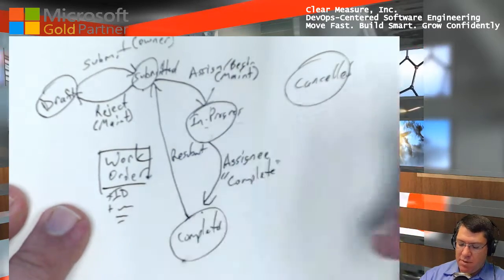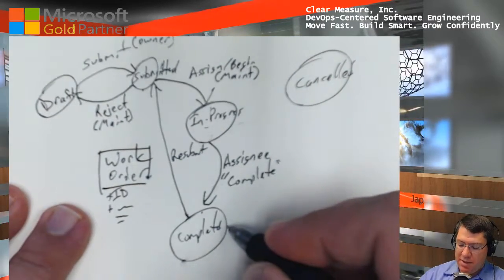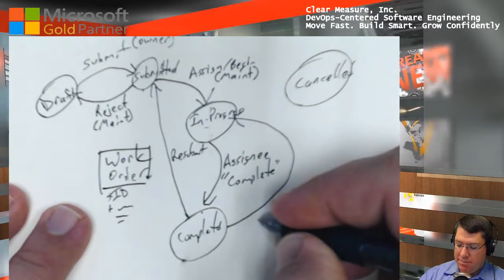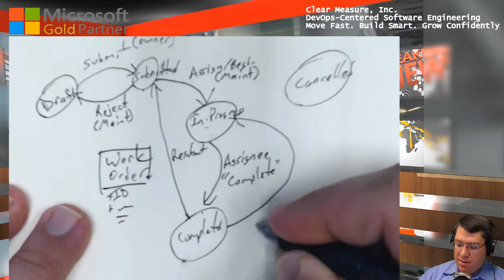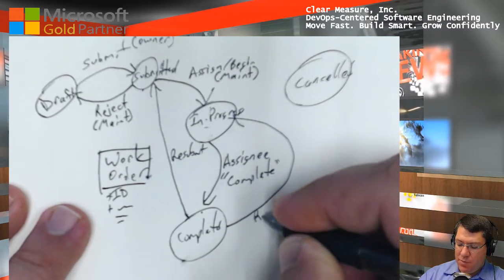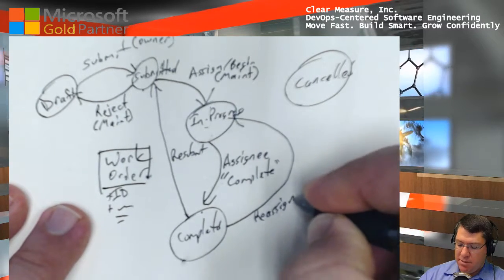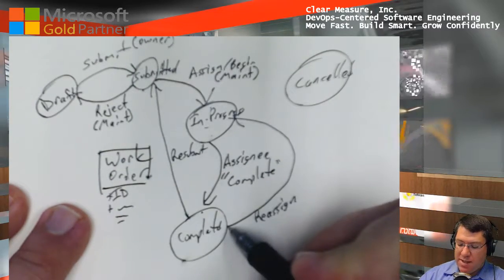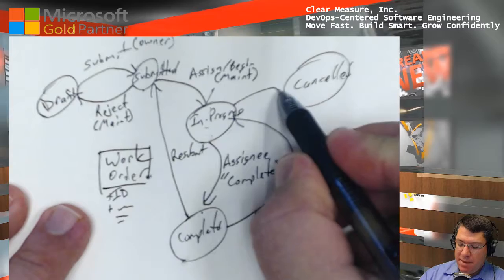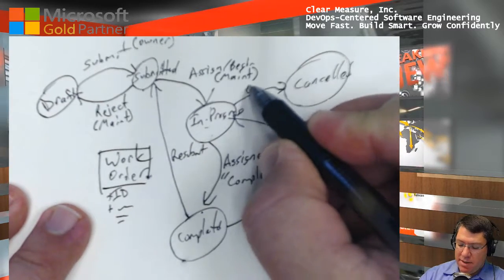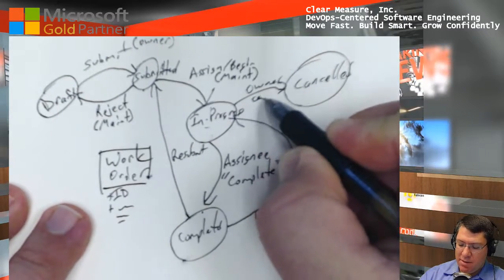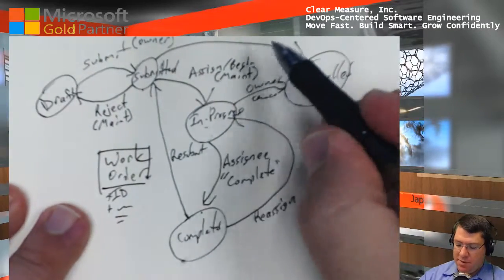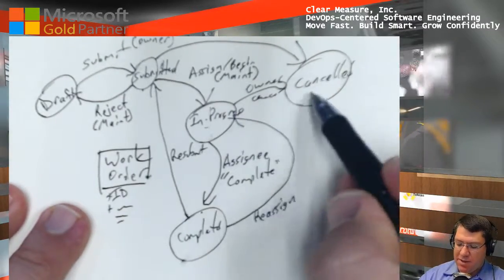Or someone in supervisory or quality control may reject it here or reassign. And of course, you may say at any point in time before it's actually completed, maybe the owner is allowed to cancel a work order. So from submitted, it can go to cancel, and from in progress, you can go to cancel.